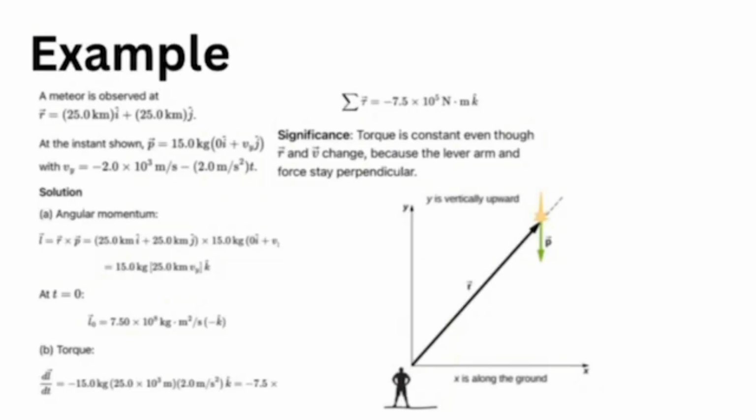We calculate its angular momentum at t equals 0 and find it is 7.50 times 10 to the power of 8 kilogram meters squared per second in the negative z direction. Interestingly, even though both r and v are changing, the torque remains constant because the lever arm and the force stay perpendicular. This shows how powerful the concept is in a real-life scenario.